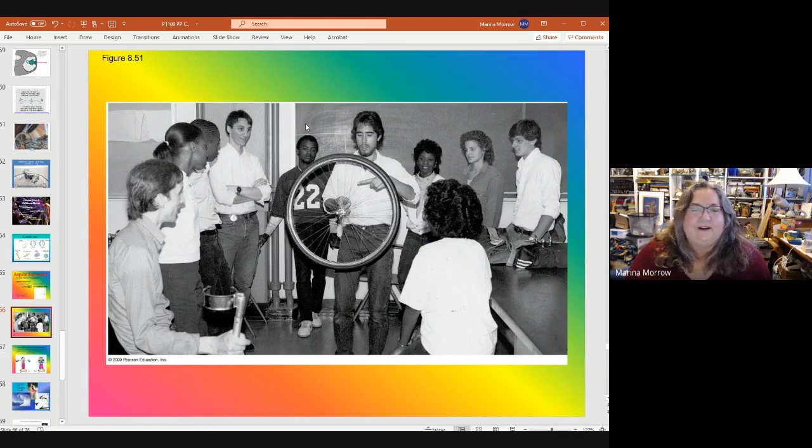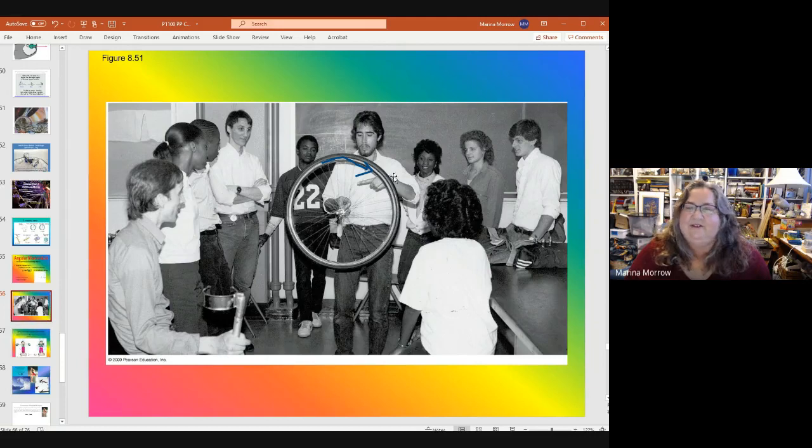And so once it starts to get going, then it wants to stay going for a long time. It's got a lot of rotational inertia. And this actually allows you to do tricks, like you put someone on a stool that they can rotate on. And when they move the bicycle wheel, the stool will rotate them. And so there's a lab you're going to do where you get to play around with that idea.